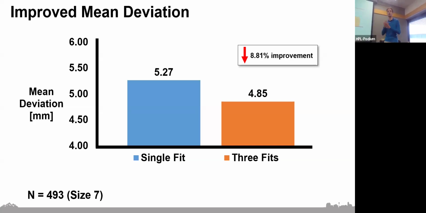A lower number is a better fit, reducing by almost 10% for this particular data set from the baseline of that single average fit. So the novelty here, of course, is that we built this massive model of 3D foot shape variation, and then we can successfully categorize and group similar feet and then create footwear shapes that end up fitting our population better than the current methods do.